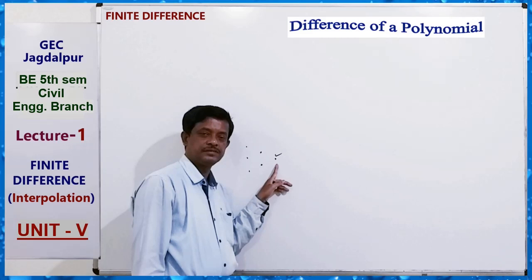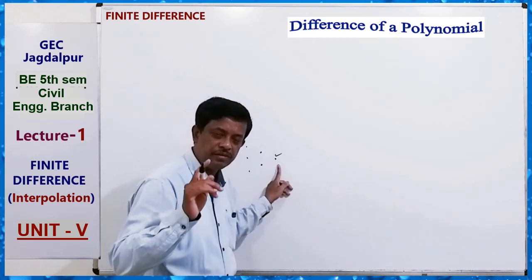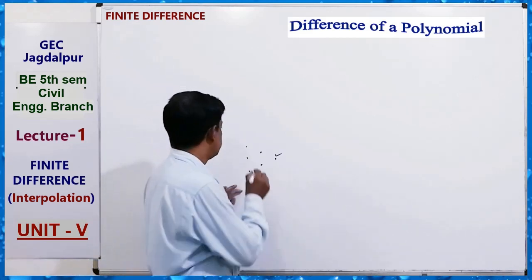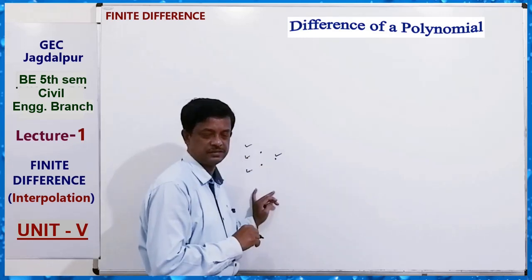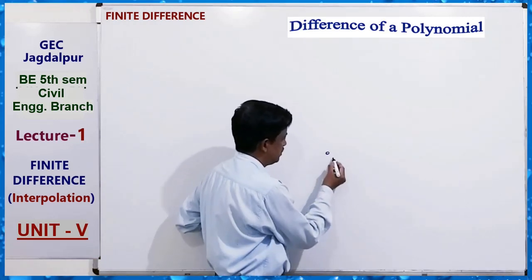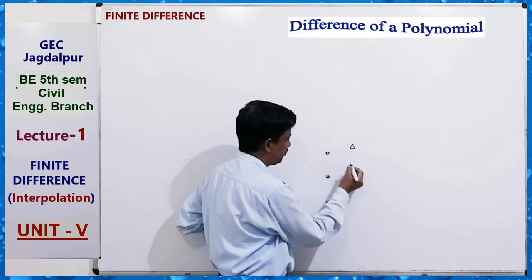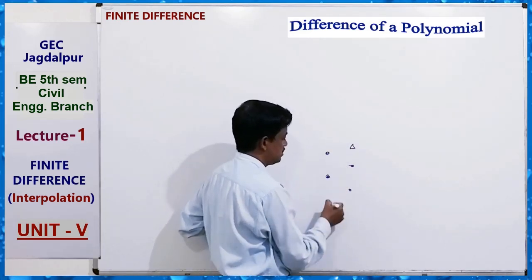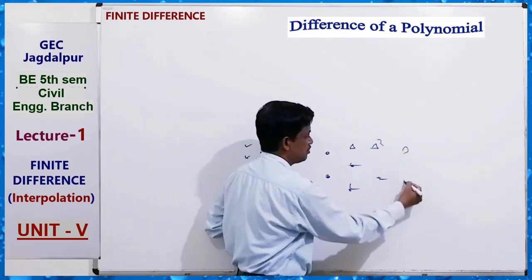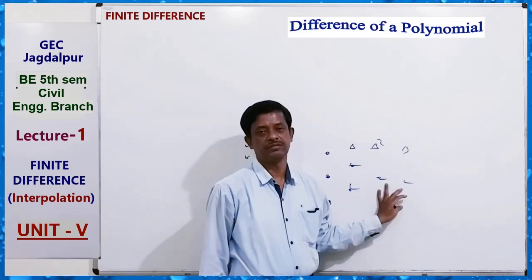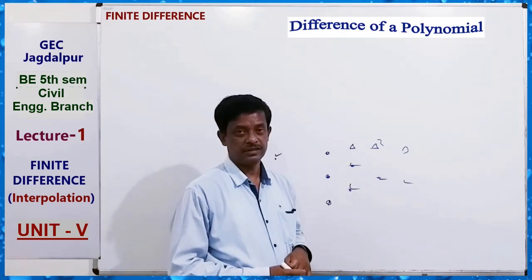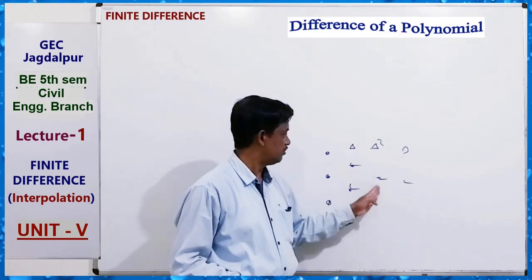Because we are given these 3 entries, we can take the first difference and second difference, this minus this, and the third difference will be 0. This will be a single value.